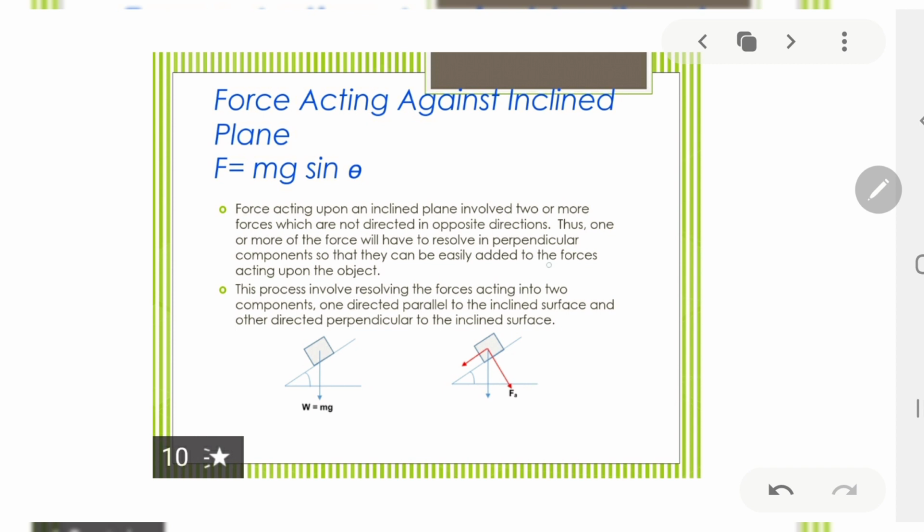Thus one or more of the forces will have to be resolved into perpendicular components so that they can be easily added to the forces acting upon an object. This process involves resolving the forces into 2 components, one directed parallel to the inclined surface and the other directed perpendicular to the inclined surface.